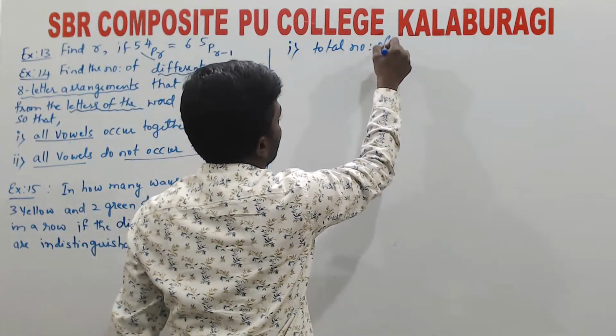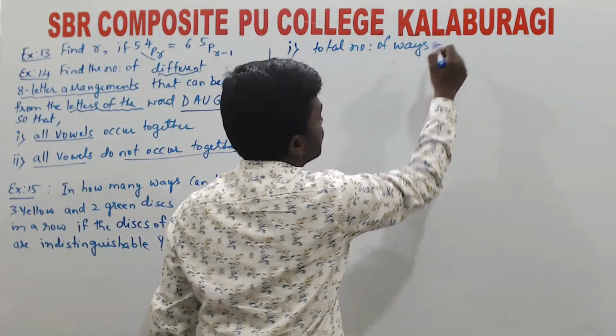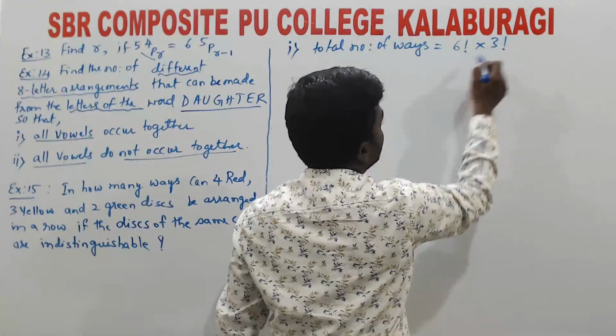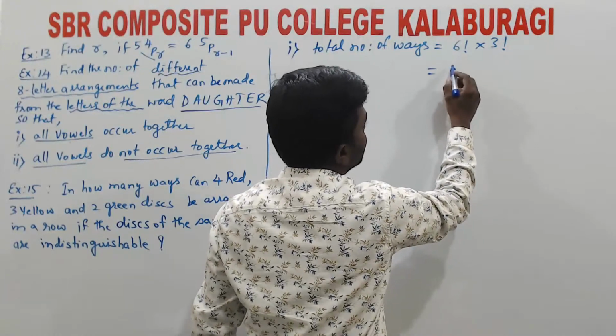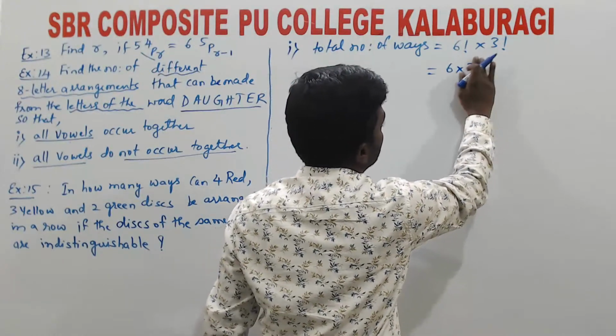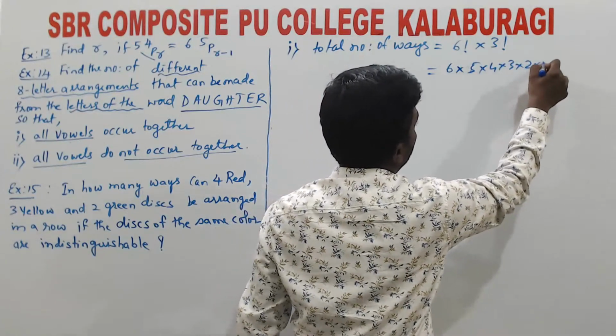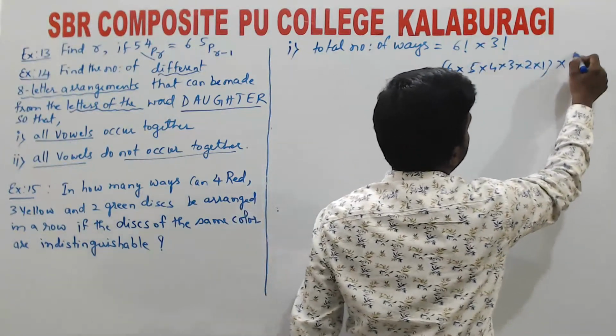Total number of ways in which vowels occur together is 6 factorial into 3 factorial, and it's nothing but 6, 5, 4, 3 into 2 into 1. Just multiply all these, students.